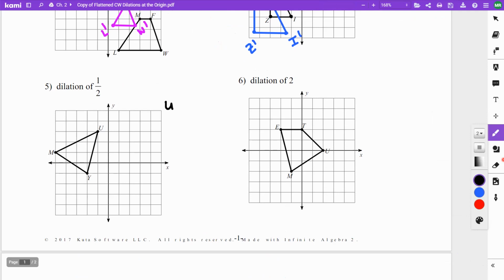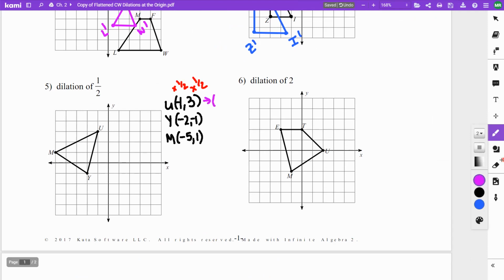My U is at 1, negative 1, 3. My Y is at negative 2, negative 1, and my M is at negative 5, 1. And we are timesing each of these by a half.